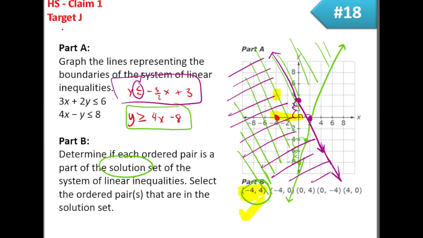Negative 4, 0 is right here. Yep, it's a solution. How about 0, positive 4? 0, positive 4 here. That's not a solution. 0, negative 4. And 4, 4 is right here. That's not a solution. So when it's asking you to determine if it's a solution or not, just look at the graph.